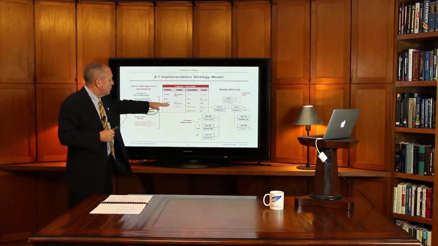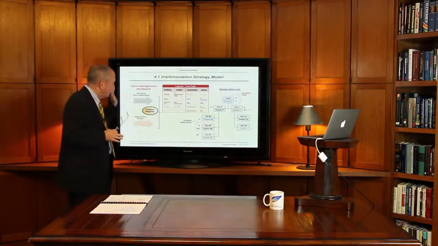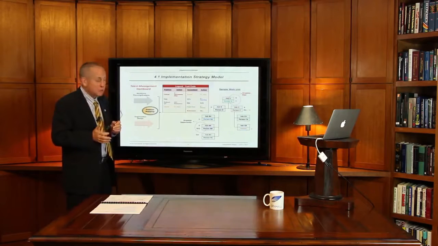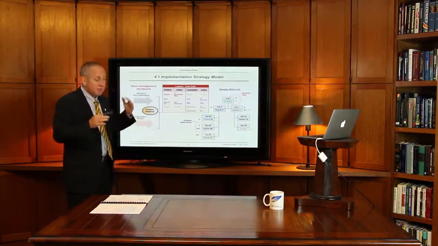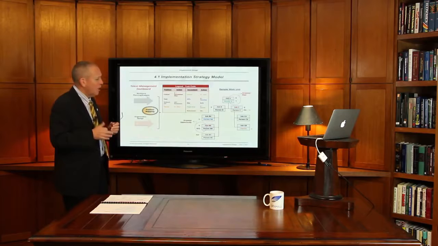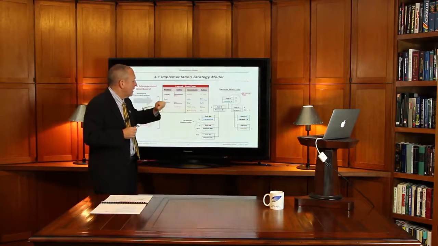There may be positions that are redundant. They're no longer needed as we implement our new organization design structure. So you may be looking at RIF, reduction in force, or outplacement. You may have jobs that are vacant, and so the action required there is hiring. On the incumbent side, you've got a position that's vacant, so there's hiring required.